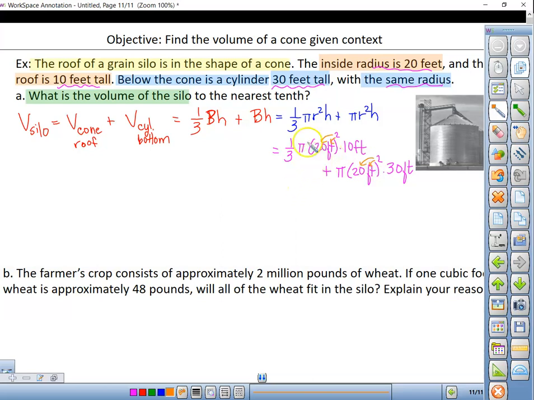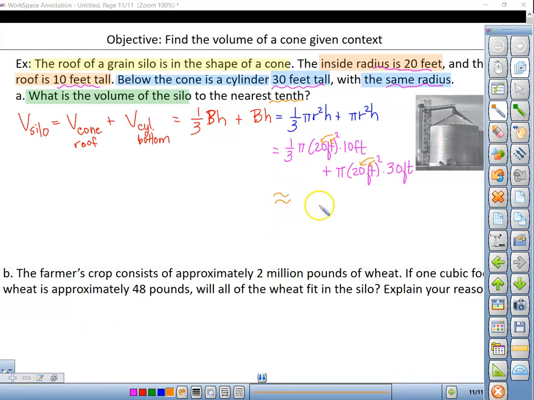In my calculator, I'm going to do pi times 20 squared times 10, then divide that by 3, and then I'll hit the plus key and hit pi key times 20 squared times 30, and then I'll hit equals, and then I will round that final answer to the nearest tenth, and that will give me the most accurate volume for the silo to the nearest tenth. So let's use our calculators.